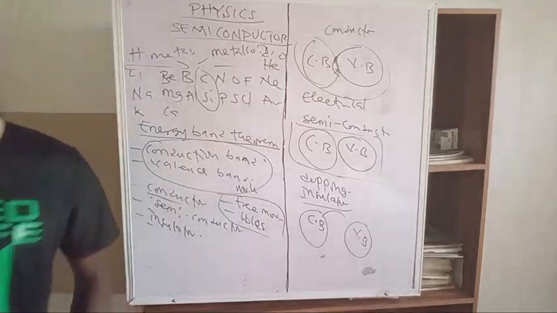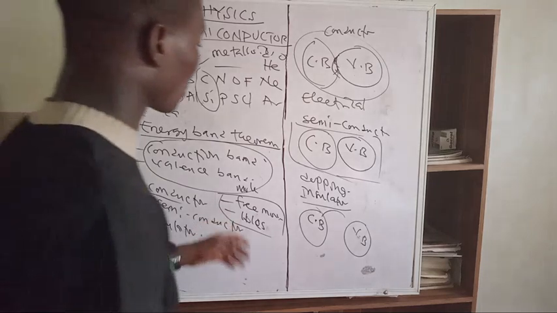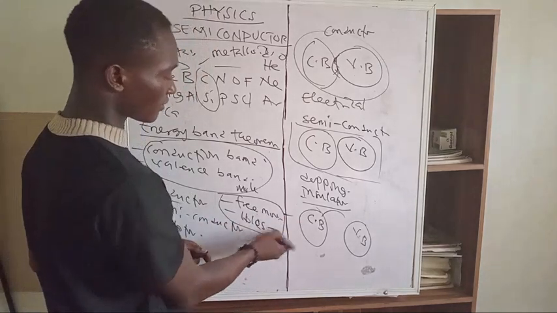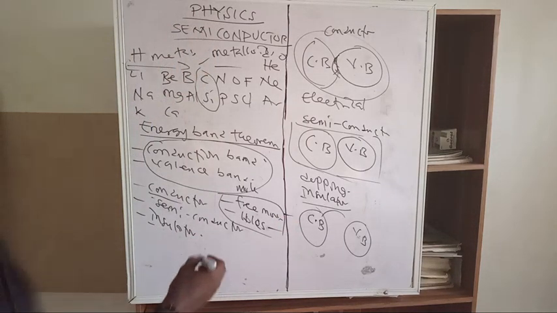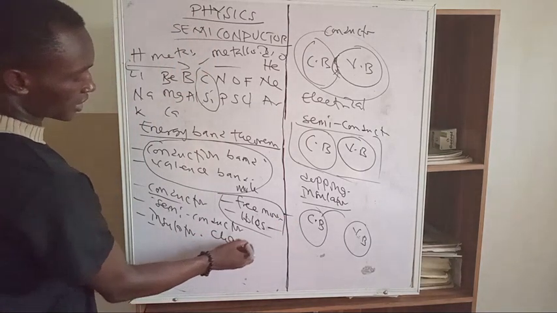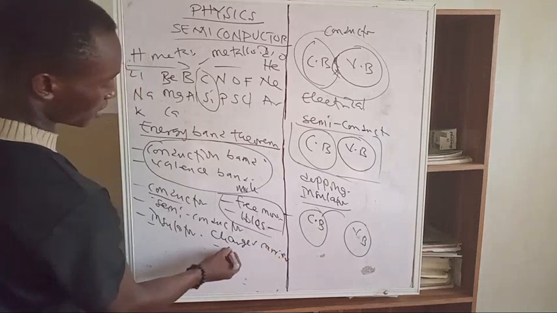So silicon, germanium and carbon are all examples of semiconductors, and I talked about the two different charge carriers we have. The charge carriers in semiconductors are the free moving electron, which is negative, and holes, which are positive. Those are the charge carriers in a semiconductor.